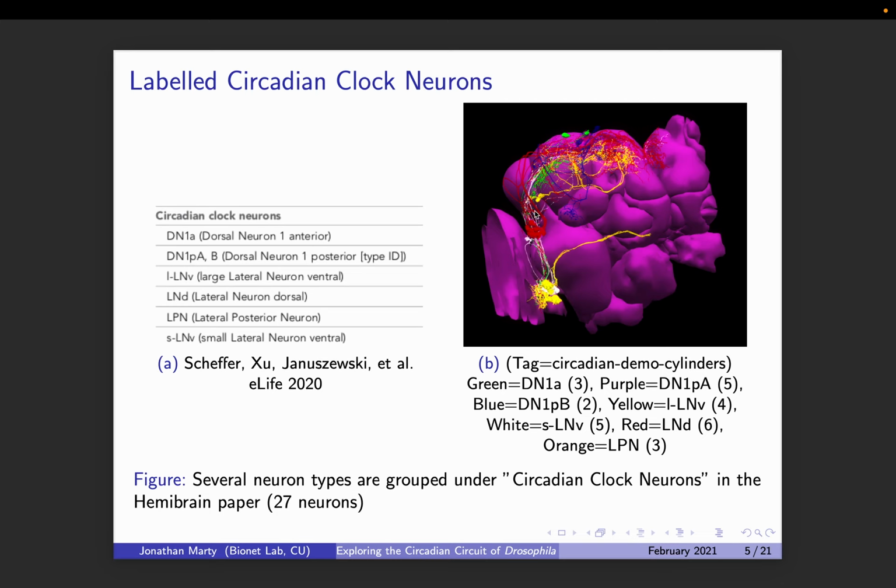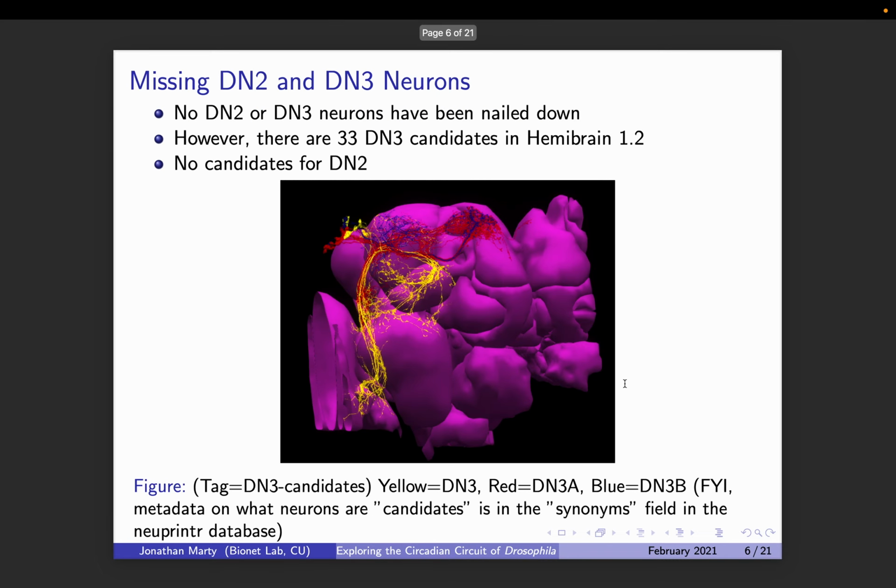Here I've visualized them in NeuroNLP, which is a tool released by the BioNet lab. The colors here show different types of circadian neurons. And there are a few neuron types that are missing from the dataset, so this is just showing those neurons in different colors here.